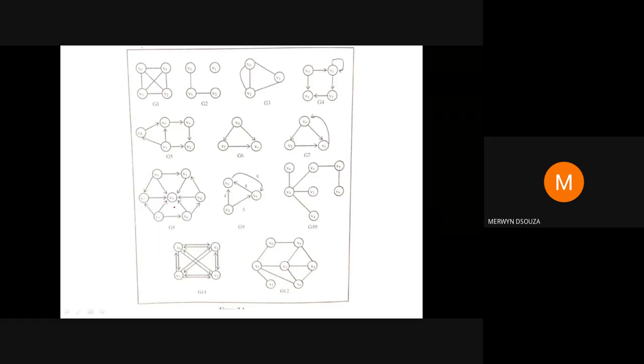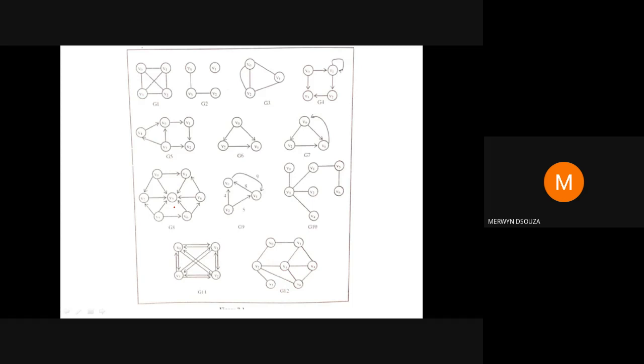Then next definition, complete graph. A graph is complete if any vertex in the graph is adjacent to all the vertices of the graph. In other words, there is an edge between any pair of vertices in the graph. So a complete graph will contain the maximum number of edges. What do you mean by that?